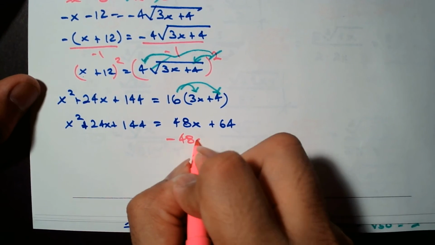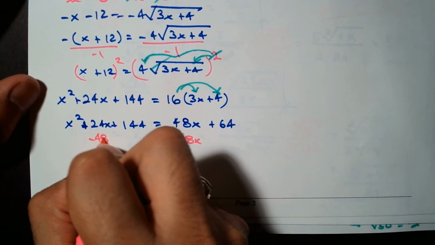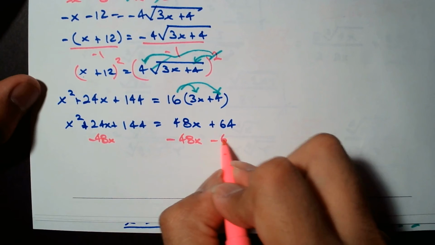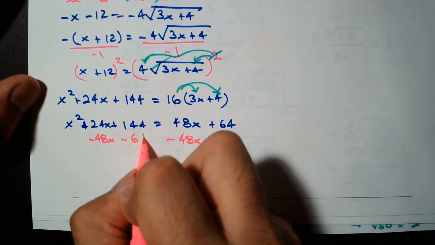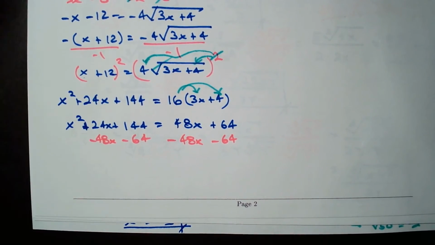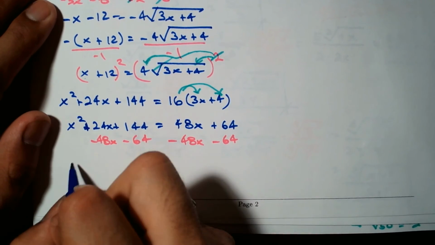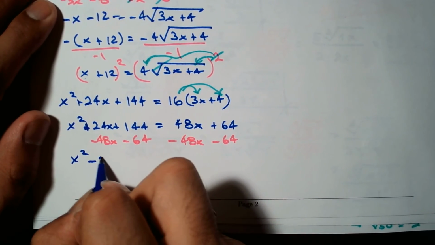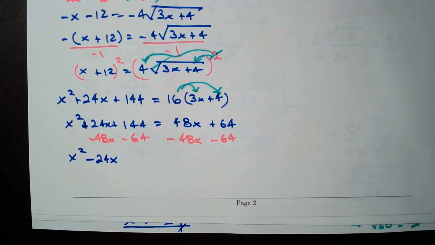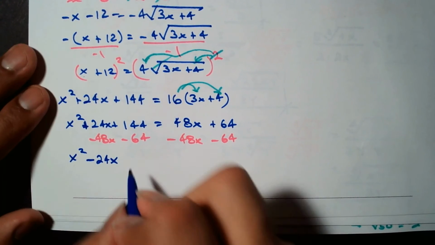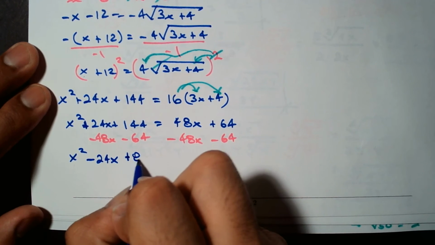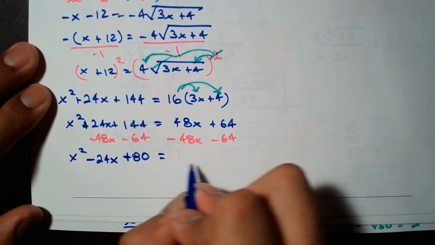Subtract 48x, subtract 48x, and subtract 64, subtract 64. Okay, 24 minus 48 gives us x squared minus 24x, and 144 minus 64 gives us 80. All right.